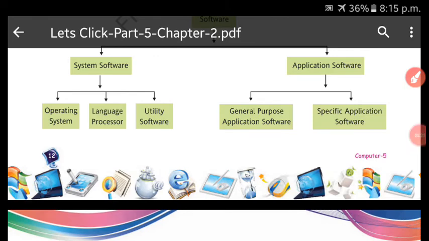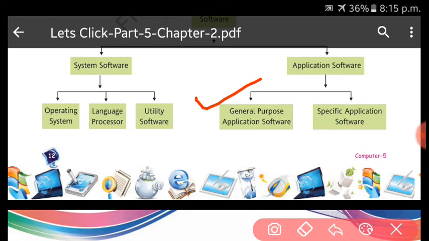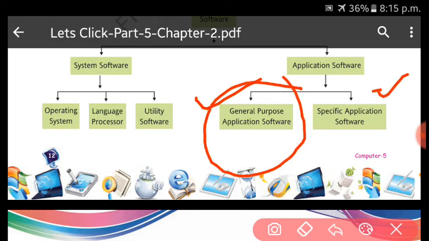Next is application software. There are further two categories: general purpose and specific. General purpose software is that which you can get easily. Any common man can use that software, for example MS Word, MS Paint, MS PowerPoint, MS Excel.